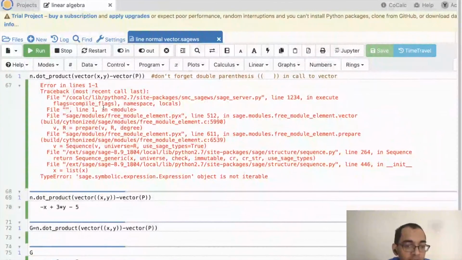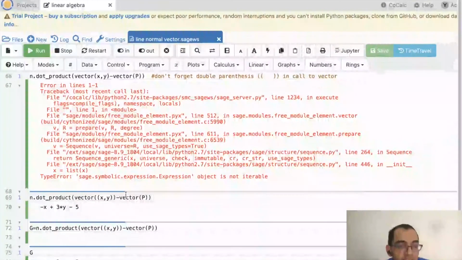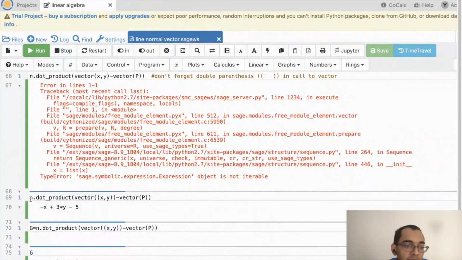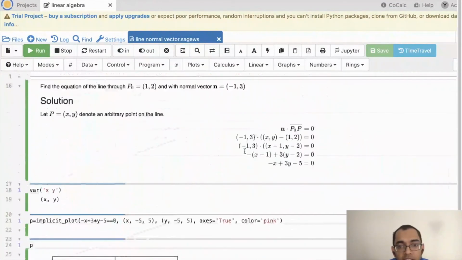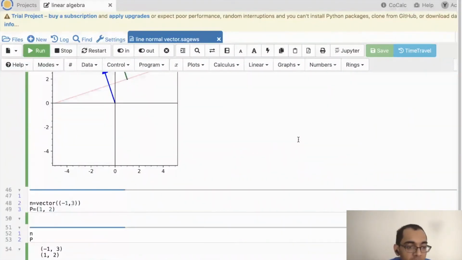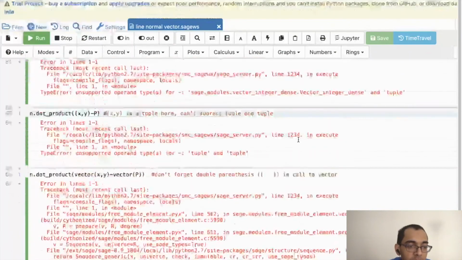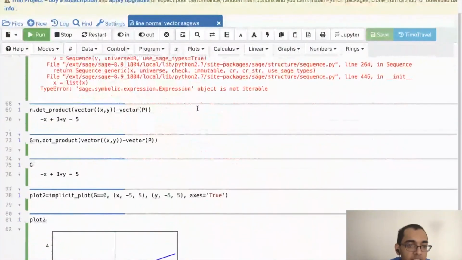Now I finally got the correct syntax. I'm taking the dot product of n, the normal vector, with the vector xy minus the vector p. Let me go back up and show you that this is basically what's happening in this second line. Sage can compute that dot product once you enter it correctly.